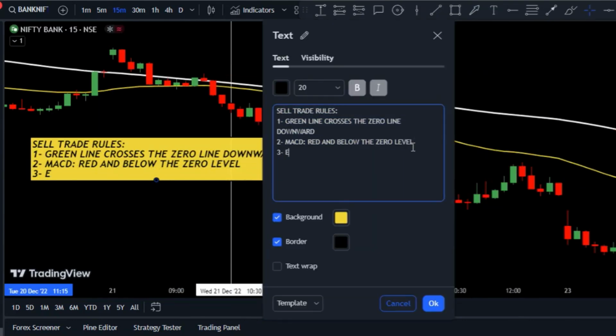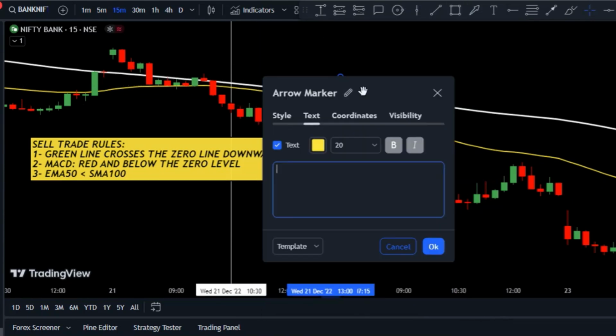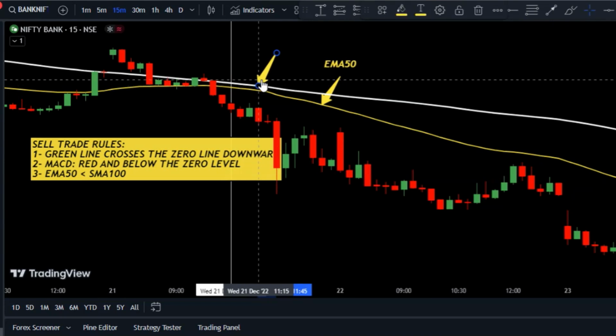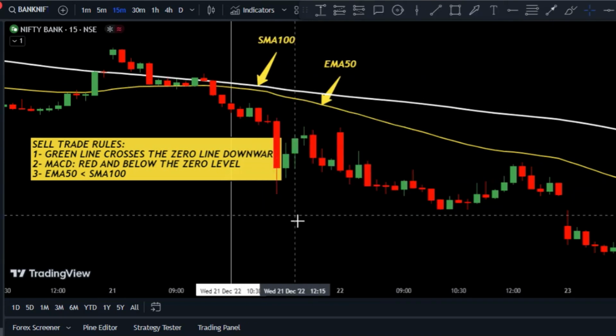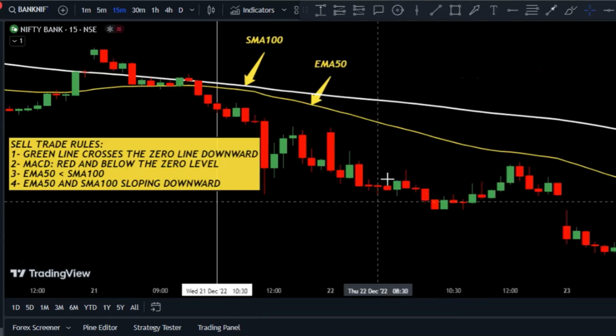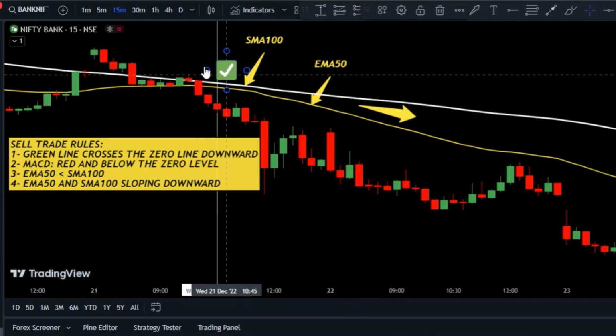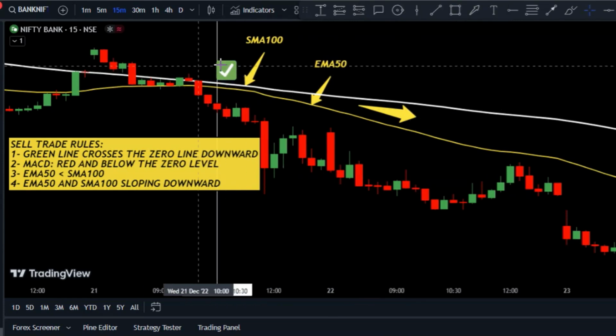Moving along, verify that EMA 50 is trailing beneath SMA 100. Finally, ensure that both of those original moving averages are on a downward slope. Once you've got all these conditions squared away, you're good to go for a short trade.